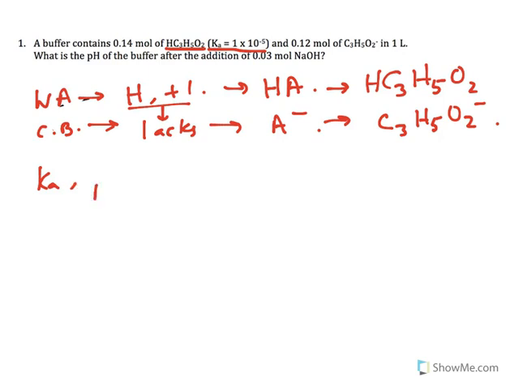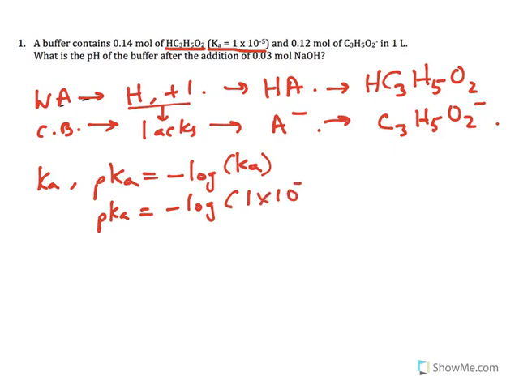So our pKa is equal to negative log of Ka. In this case, our pKa is going to be equal to negative log of 1 times 10 to the power of negative 5, which is equal to 5.00.